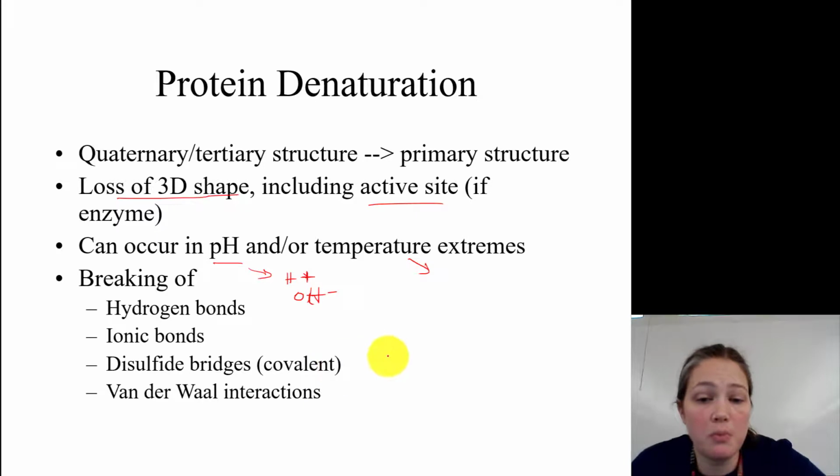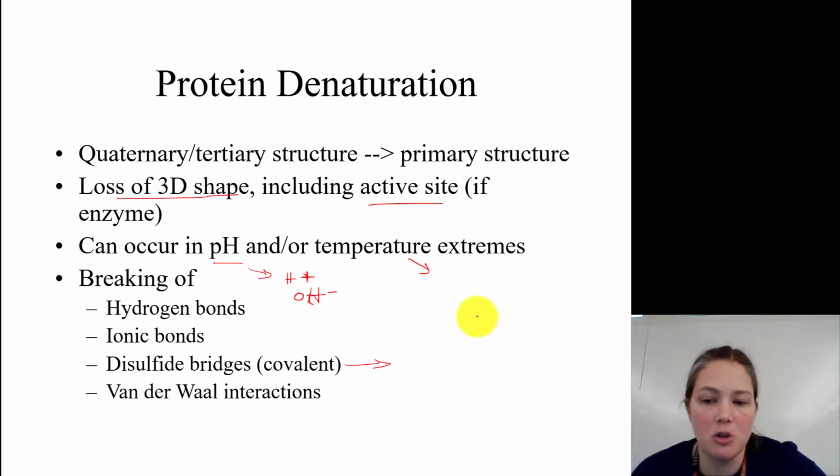Okay, and if you break down the tertiary structures in such a way that these covalent bonds, the disulfide bridges, break, when it renatures and goes back into its original form, the disulfide bridges may form differently, and it may actually be a problem, and it may misfold permanently. Sometimes protein denaturation is permanent, and sometimes it can be undone, depending on the protein. Not always.